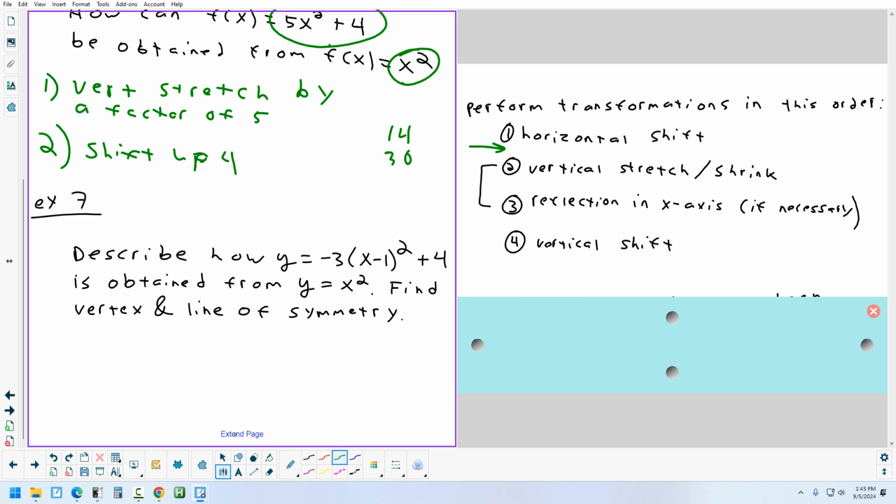No, it's 4. There's 4. Where? Every one of those transformations is in this problem. The plus 4 does something. The minus 1 does something. The 3 does something, and the negative in front of the 3 does something else. So you got every one of them. Well, since we have every one of them, let's start with the horizontal shift.